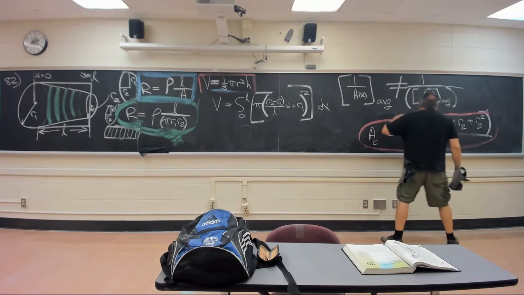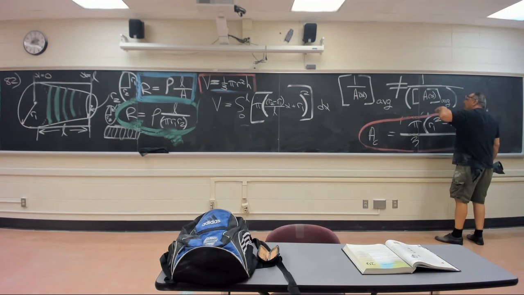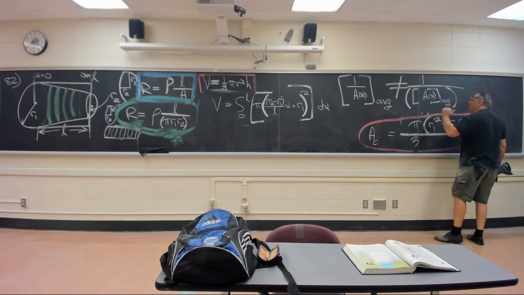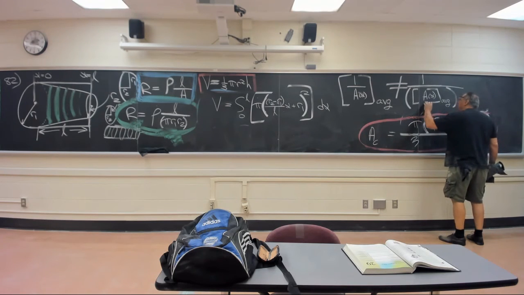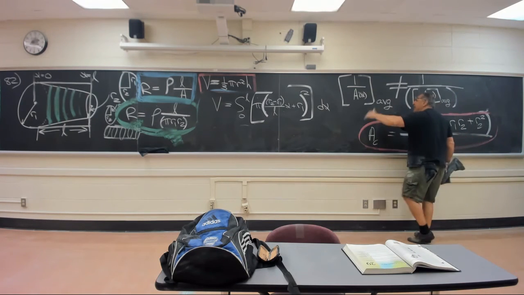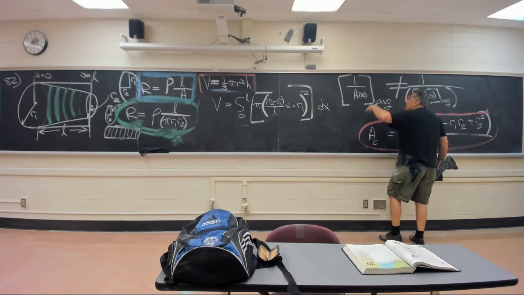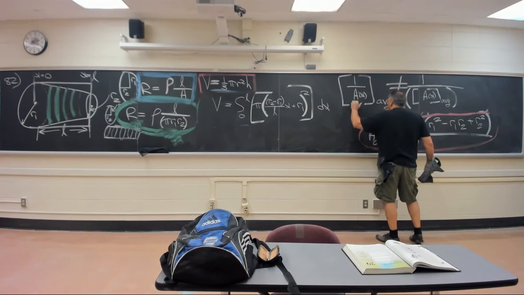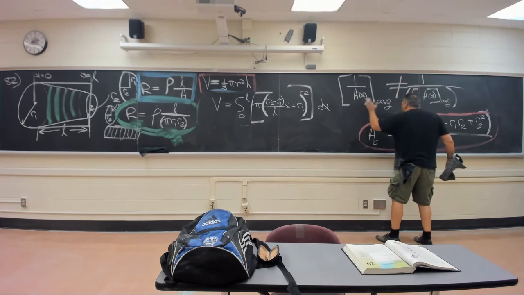In other words, if I took a function a of x, integrated it, and divided by the interval, by the mean value theorem I'd get the average of a of x, the average area. 1 divided by the average area is generally not the same as the average of 1 over A of x.